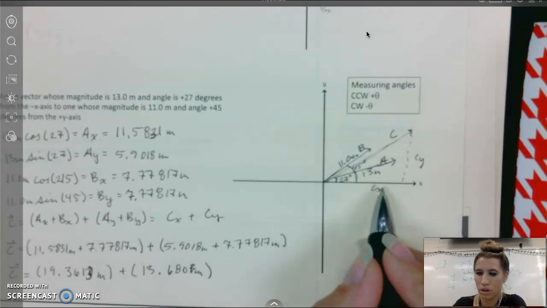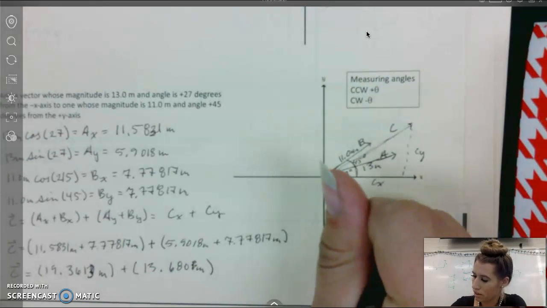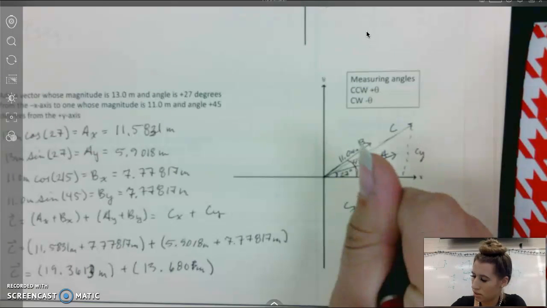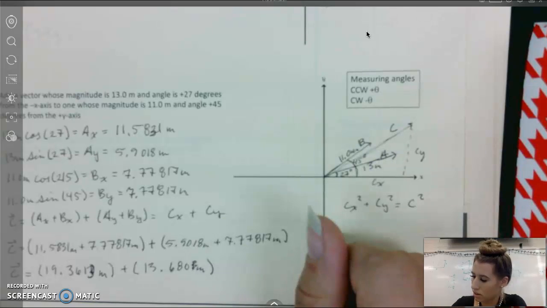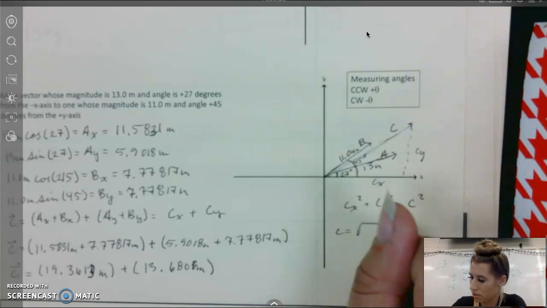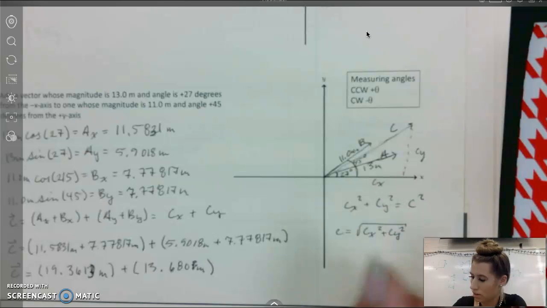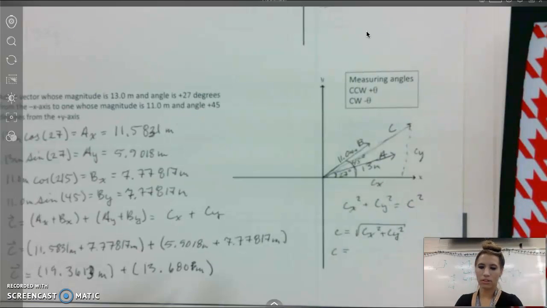So we're going to use our Pythagorean theorem here, where cx squared plus cy squared equals c squared. Take the square root of both sides so we can get c by itself. So the square root of cx squared plus cy squared will equal c. And I'm going to plug those numbers in.